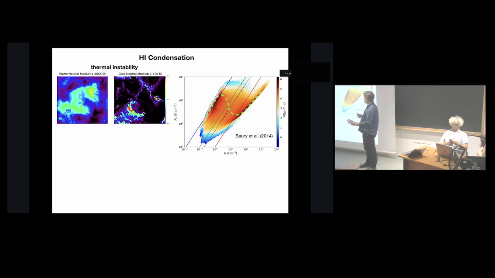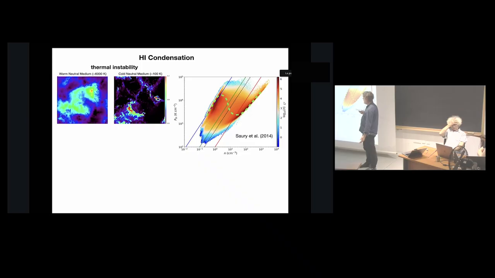Here I'm showing a numerical simulation of that effect of the HI, and how in the HI you have a very diffuse warm phase at about 6,000 Kelvin, and inside that you have clouds that are formed by the thermal instability, which is the result of the specific cooling and heating processes of the HI.